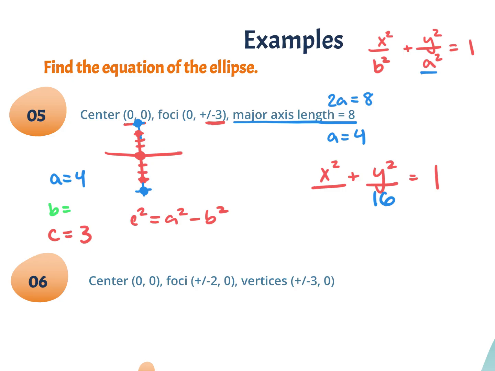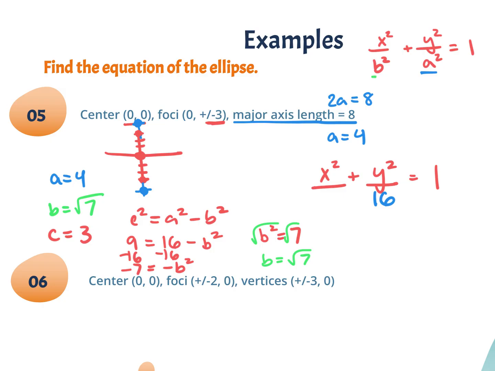So we have c squared would be 9 equals a squared is 16 minus b squared. So subtract 16 on both sides. Negative 7 equals negative b squared. So b squared equals 7. We can take the square root to find what just b is. So b would be square root 7. It really doesn't matter what just b is because when we plug it into the equation, we're plugging in b squared.